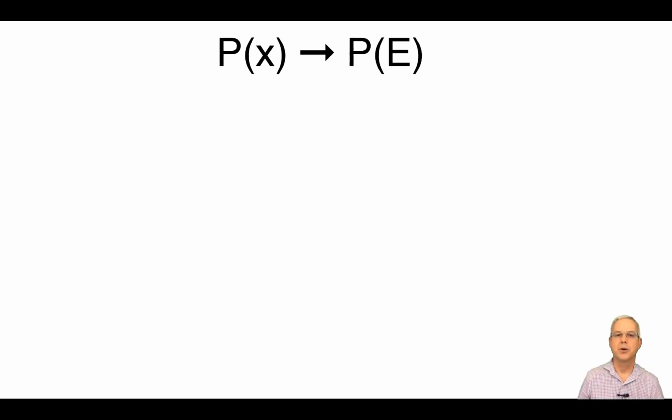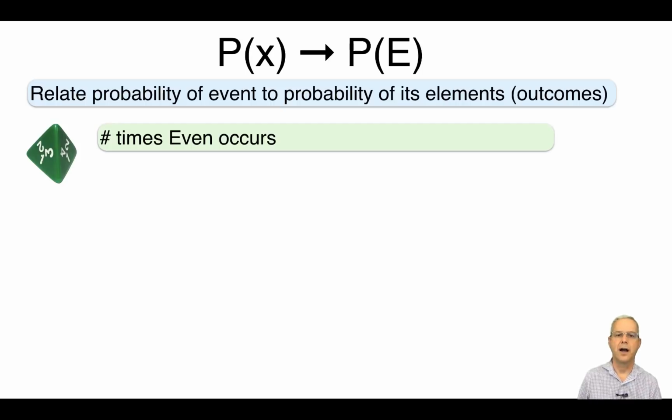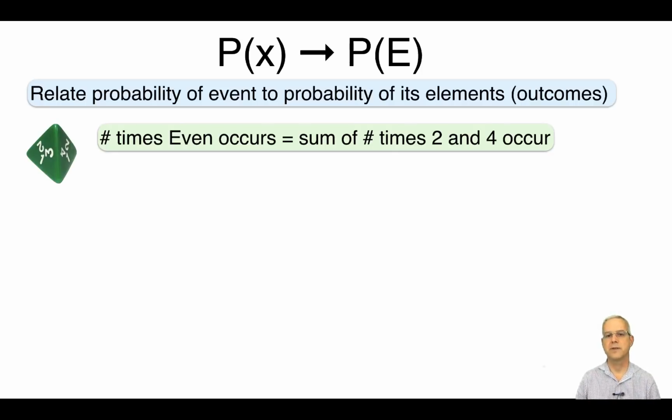Okay. So what we want to do, therefore, is relate the probability of an event to the probability of its elements, or the probability of possible outcomes. Okay. So taking our green die again, the number of times that the even event, for example, occurs is the sum of the number of times that 2 occurs and 4 occurs. That's the total number of times that this event will occur.